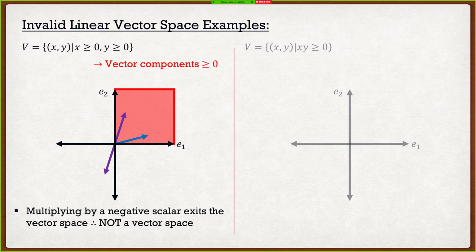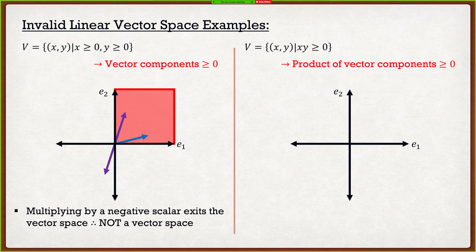Now, if we were to look at a different vector space, say xy, where the multiplication of x and y has to be greater or equal to 0, this is a little bit different. In this particular case, the components of x and y don't necessarily have to be positive, as long as the multiplication of them together is positive. Therefore, if I take, let's say, 2, 2, well, 2 times 2 is 4, greater than 0, good to go.